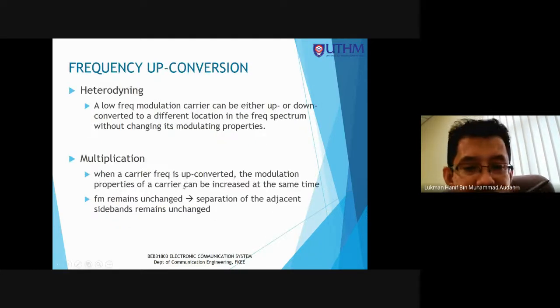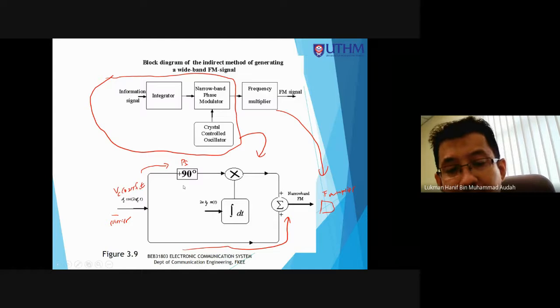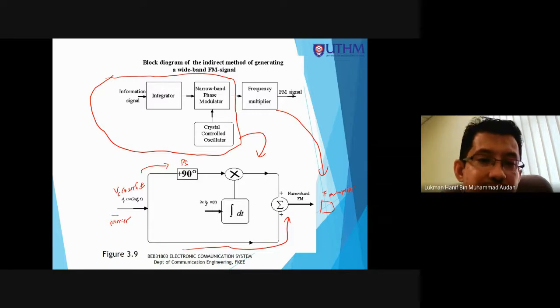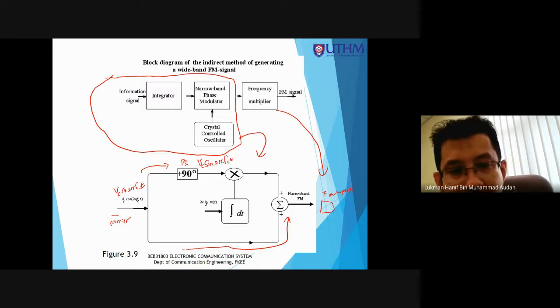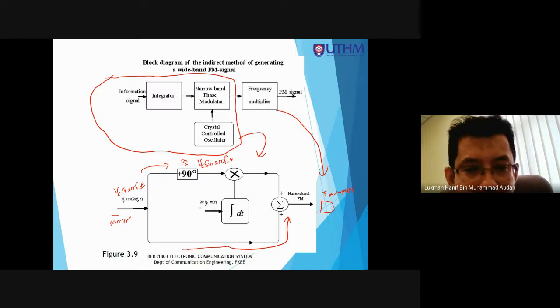So kalau phase shifter 90 degree, remember what happened to the signal if we pass through the phase shifter 90 degree. So what happened here is cos become sine. Okay, dia akan jadi VC sine 2 pi fCt. So what about here?